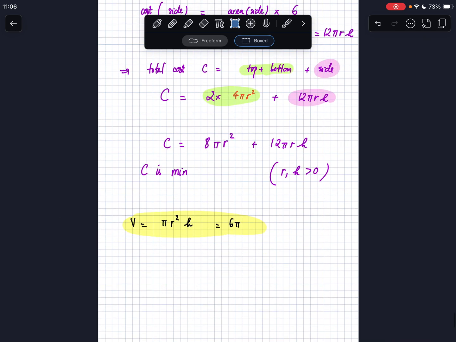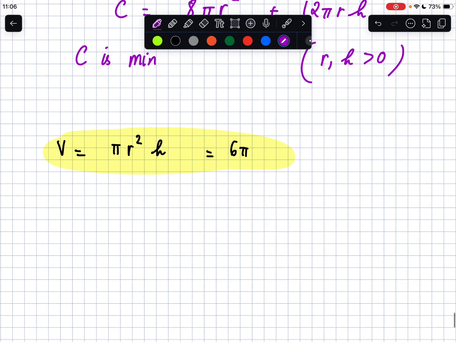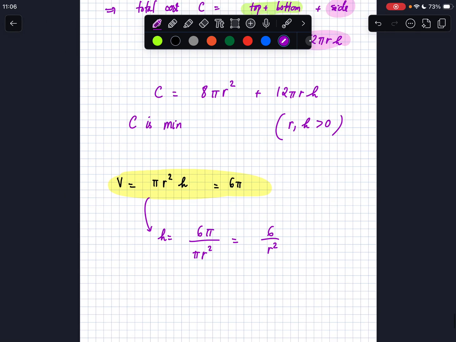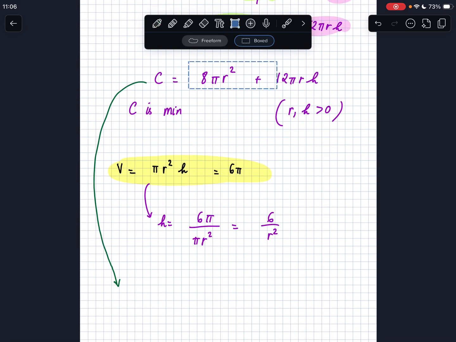In this one, I find it easier to write the height in terms of radius: 6π divided by π r squared. So 6 over r squared. The height equal to 6 over radius squared.